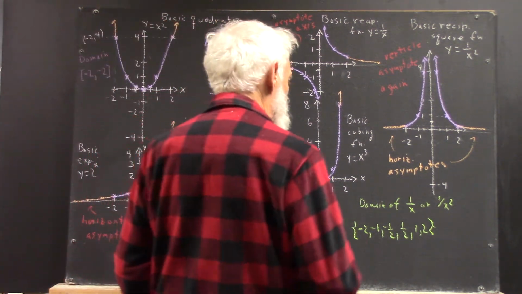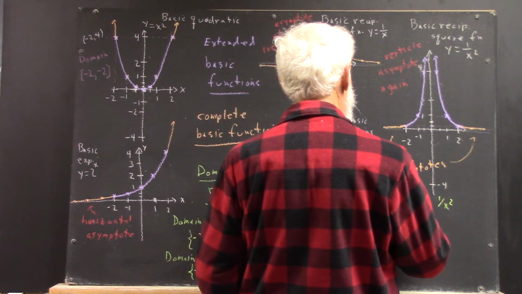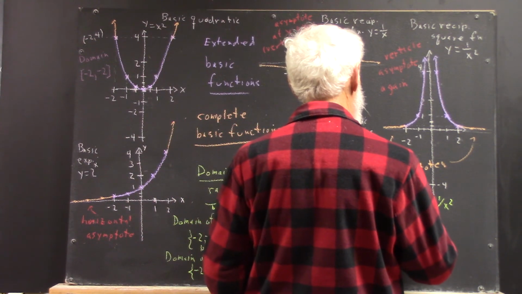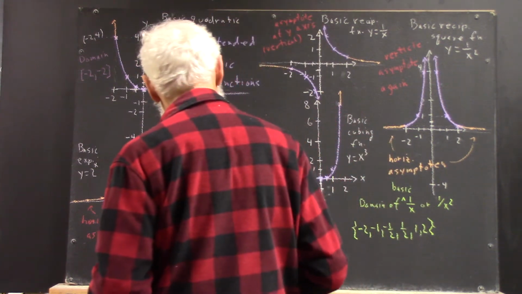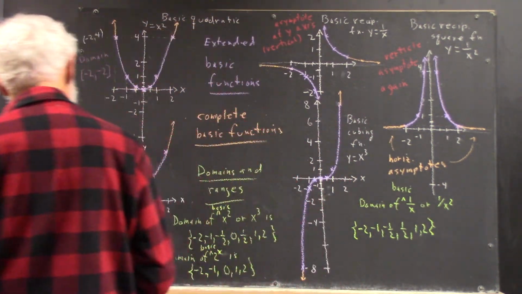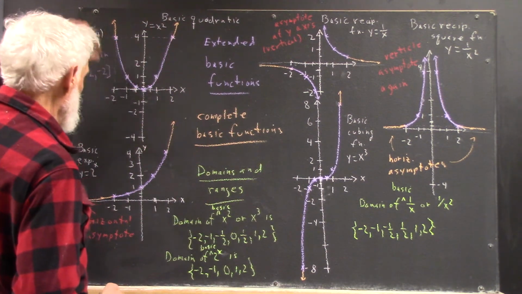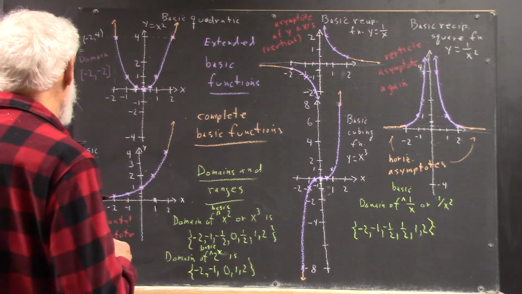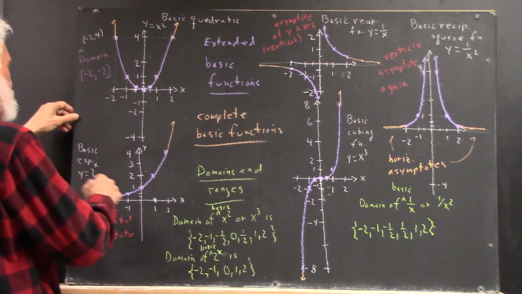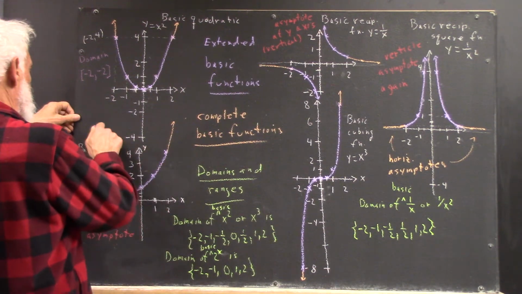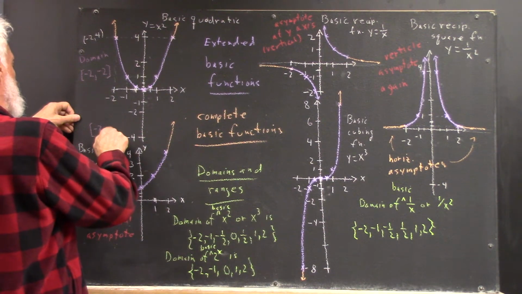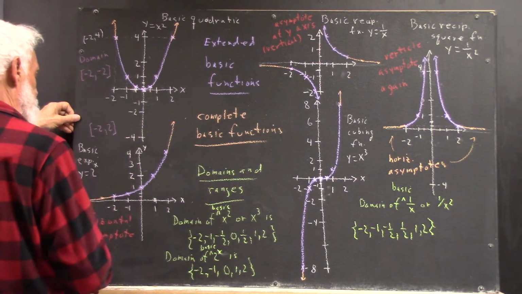And this is basic. Okay? This is a domain of the extended basic function. And the domain of the extended basic function here is also the interval from -2 to 2.